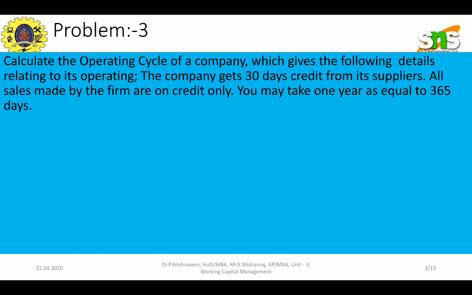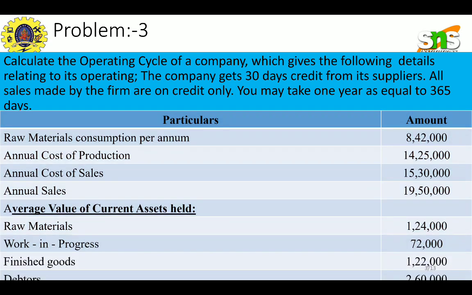All the sales made by the firm are credit sales only. You may take 1 year as equal to 365 days. We want to find out the operating cycle for this particular company.